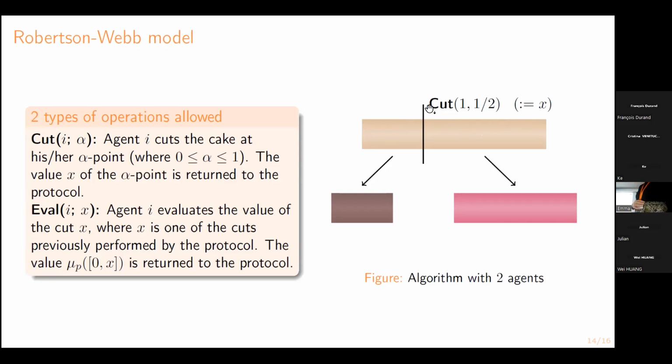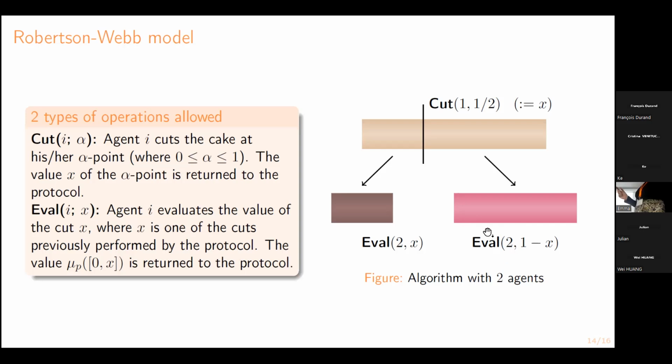So here, when I do the algorithm, I say agent 1, okay, cut into 1/2, and this gives me the coordinate x where it is cut in 2. And when I allocate, here I say to agent 2, evaluate this, okay? So evaluate the interval 0 to x.